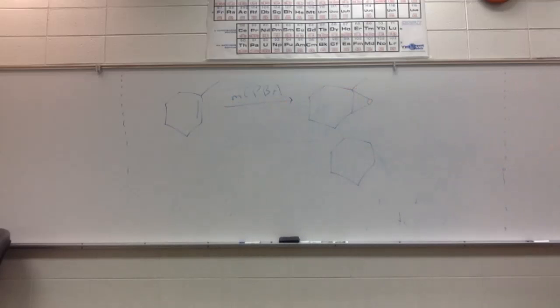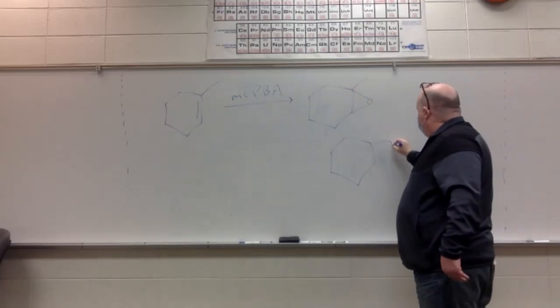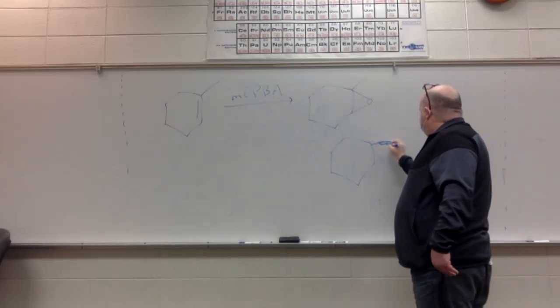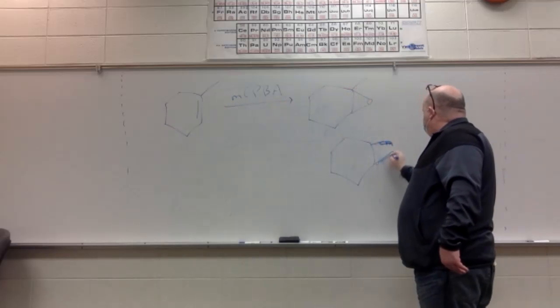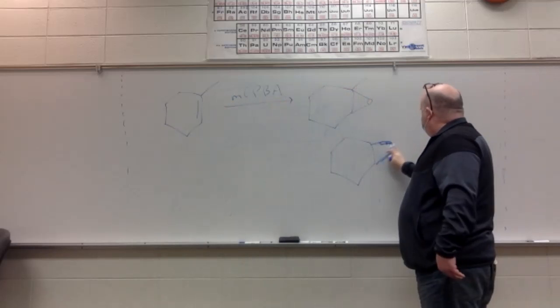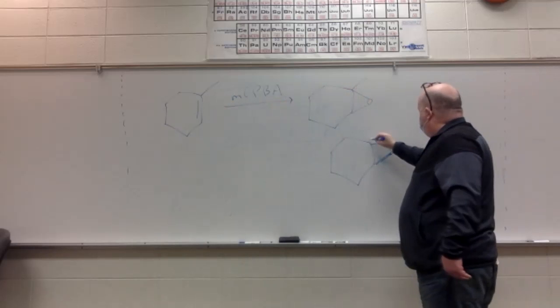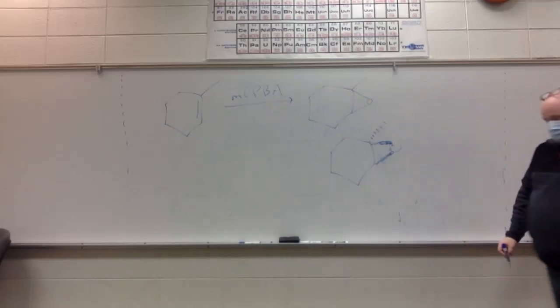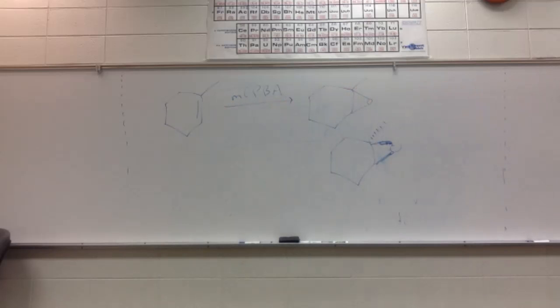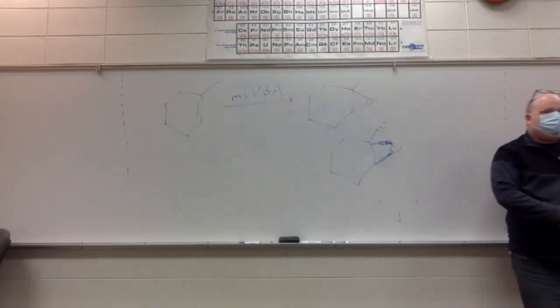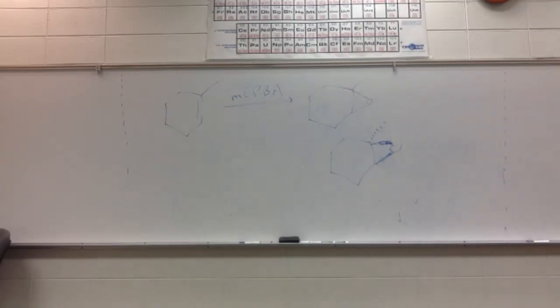So that epoxidation could have occurred from the front side, and if it occurs from the front side, you get that. And that looks really weird. You guys haven't seen dash-wedged epoxide bonds before, but if they're attached to another ring, you have to use it. So yeah, if it came from the front side, you would have gotten that.